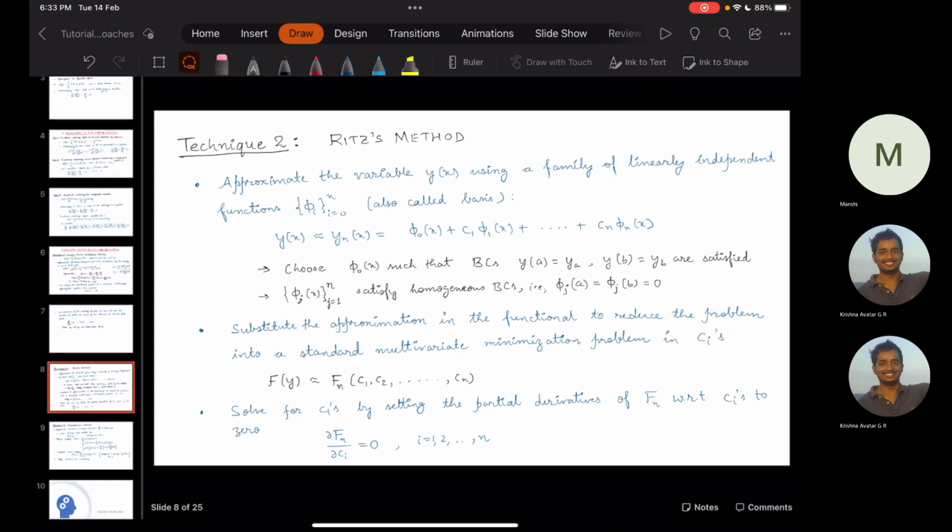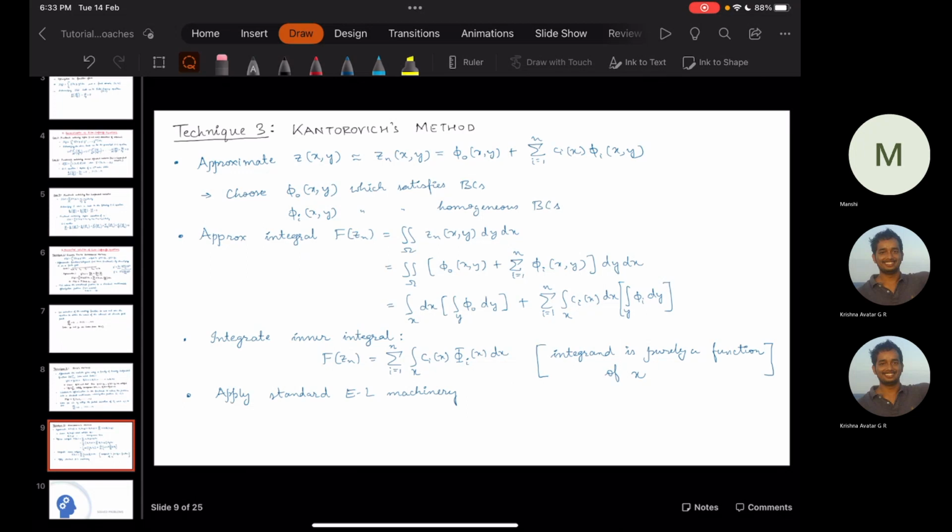Now let me also talk about the third technique in this set of methods to obtain a numerical solution of Euler-Lagrange equations. This is the method called the Kantorovich method. Now suppose our dependent variable z is a function of x and y.